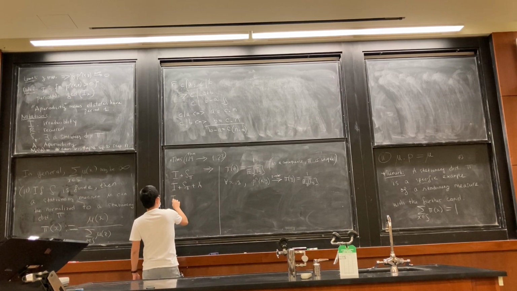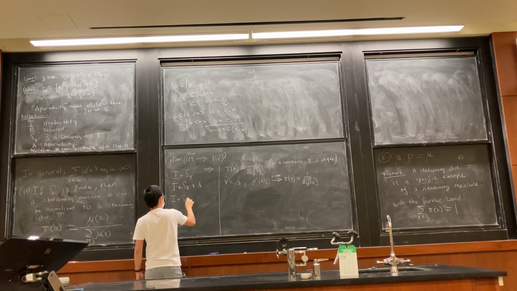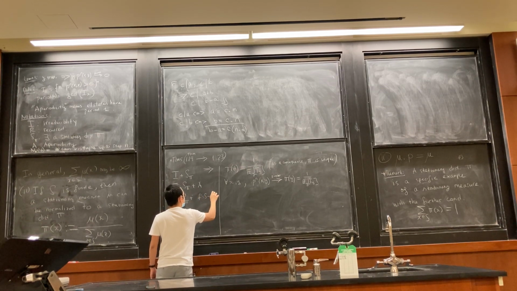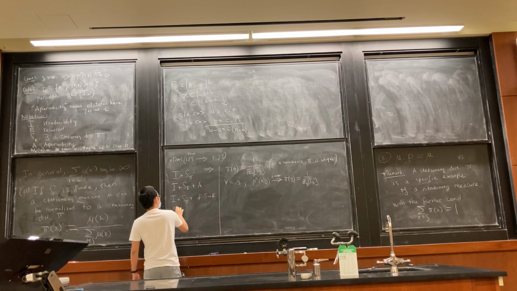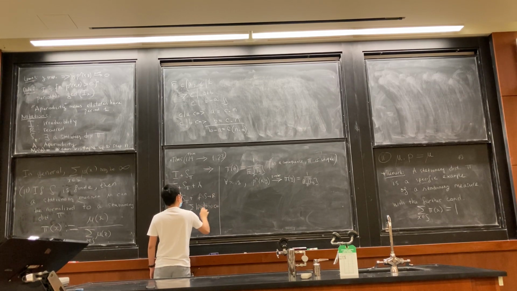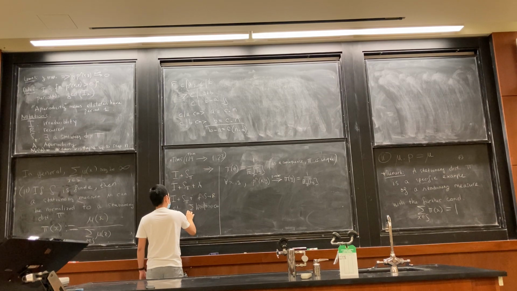The third piece is: suppose I plus S pi, and then a function f from S to R, such that the summation of absolute value of f z times pi z over z in S is finite.